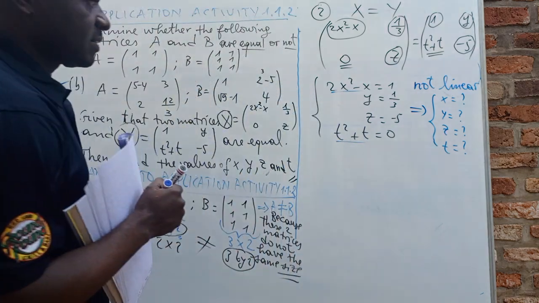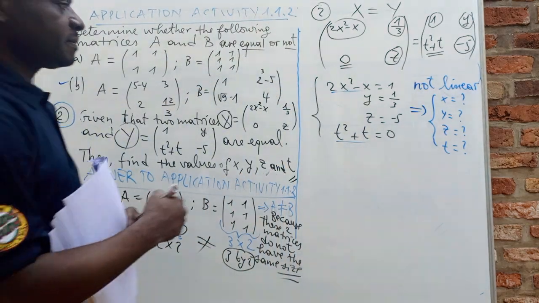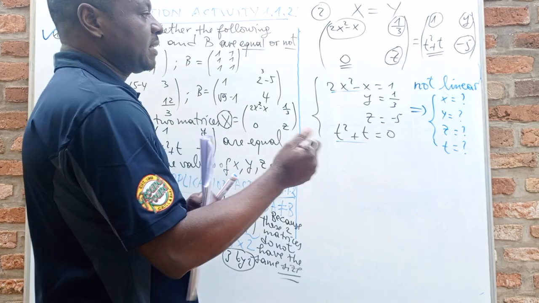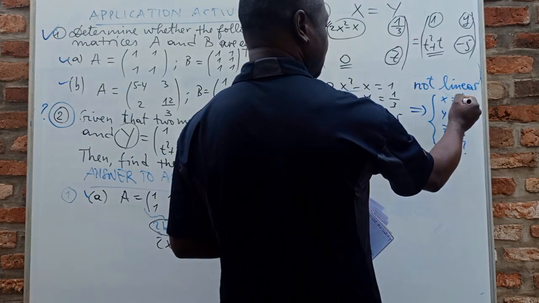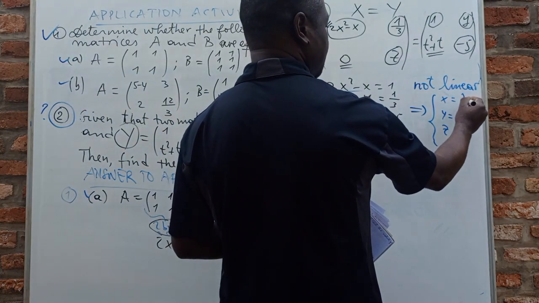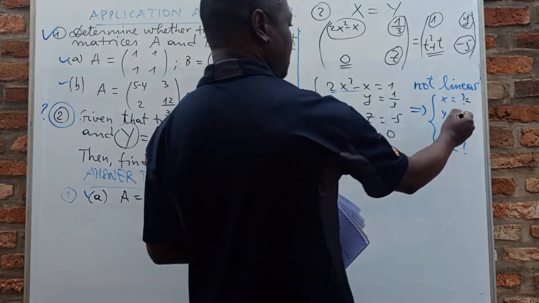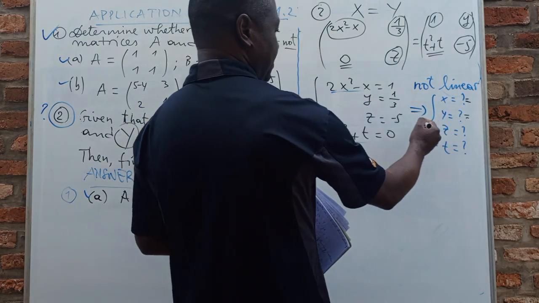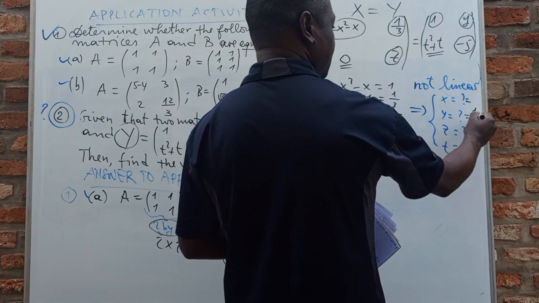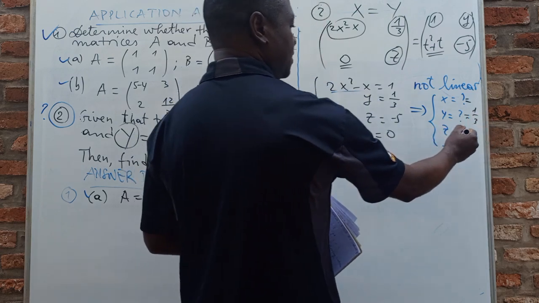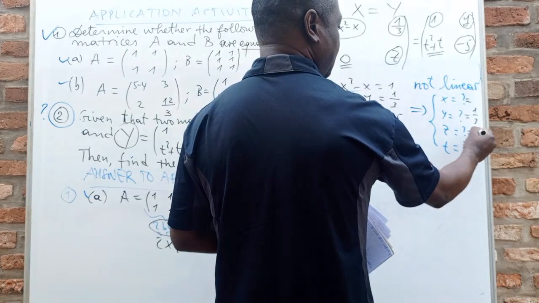Clearly, the value of y is 1/3 and the value of z is -5.